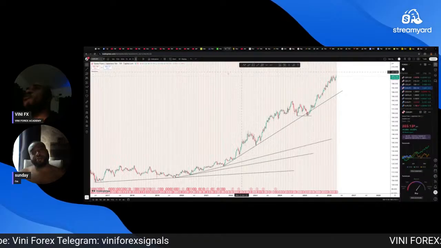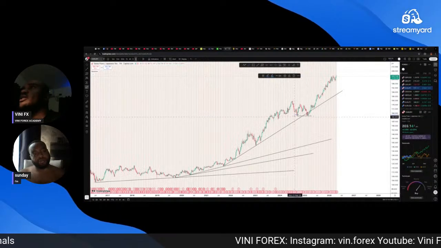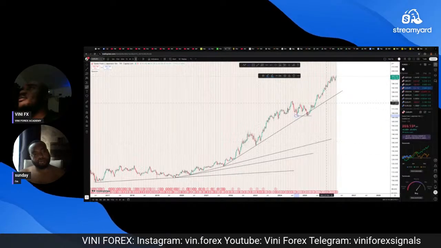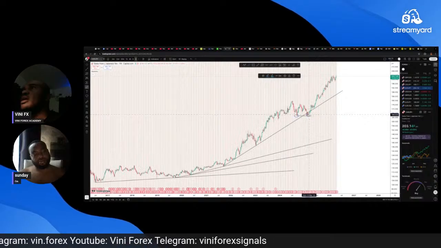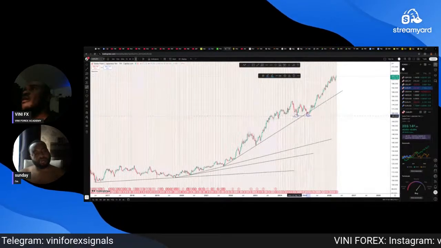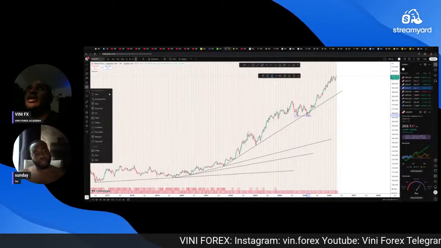Because it didn't go below the recent higher low, a lot of traders were there, seeing what was happening with the knowledge of trend line and market structure. They were looking at what was happening here. They saw that this market gave a higher low here. The market gave a what?